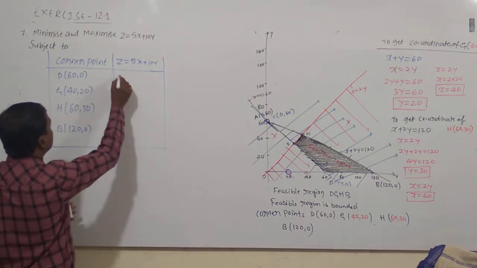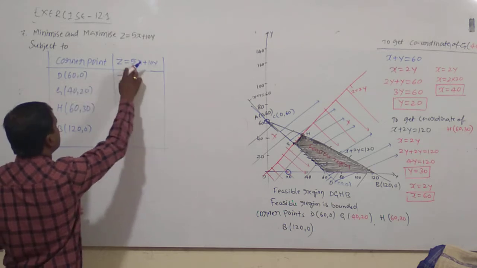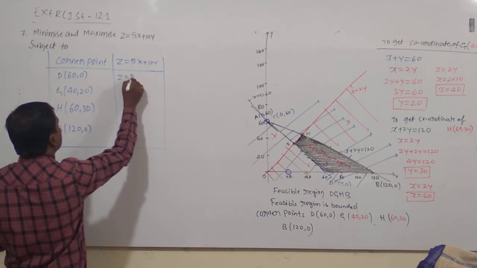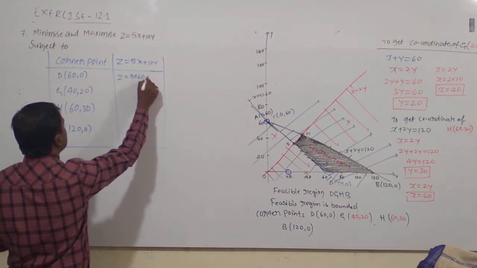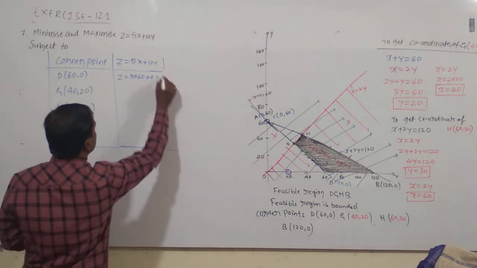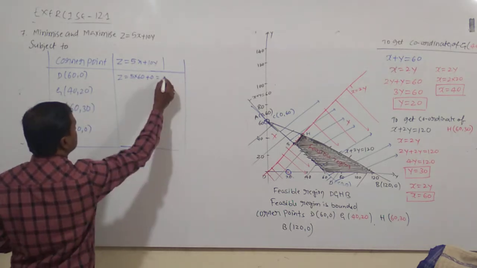So here substitute in z. Here you are getting 5 into 60 plus 0. So clearly it is 300.